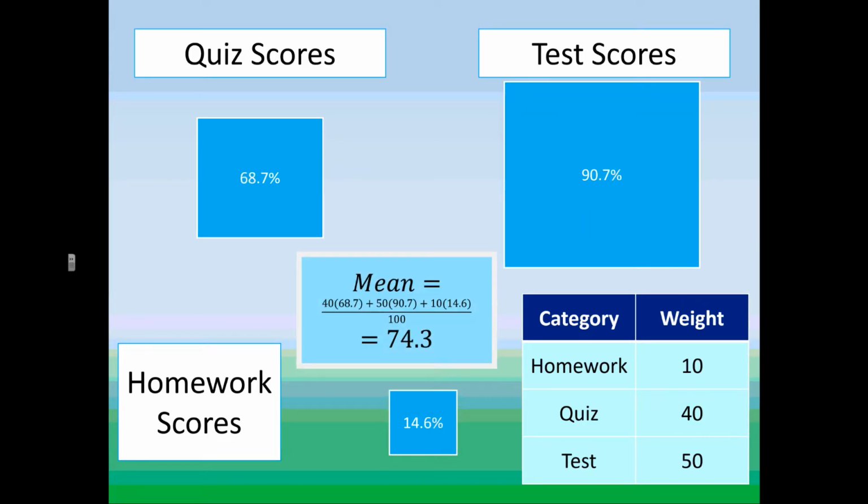So we take the 40 for your quiz weight and we multiply it by your quiz average. We take your 50 for your test weighting and we multiply that by your average test score. And then we take the 10% weight and we multiply that by that 14.6 average homework score.